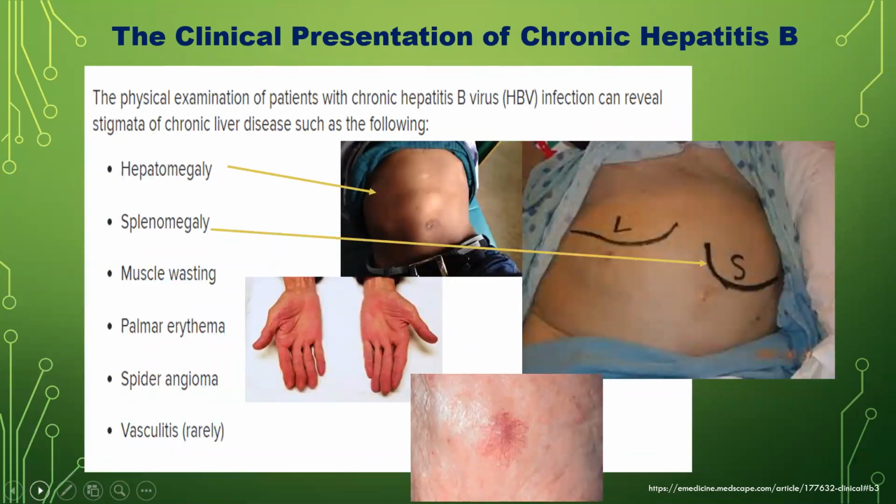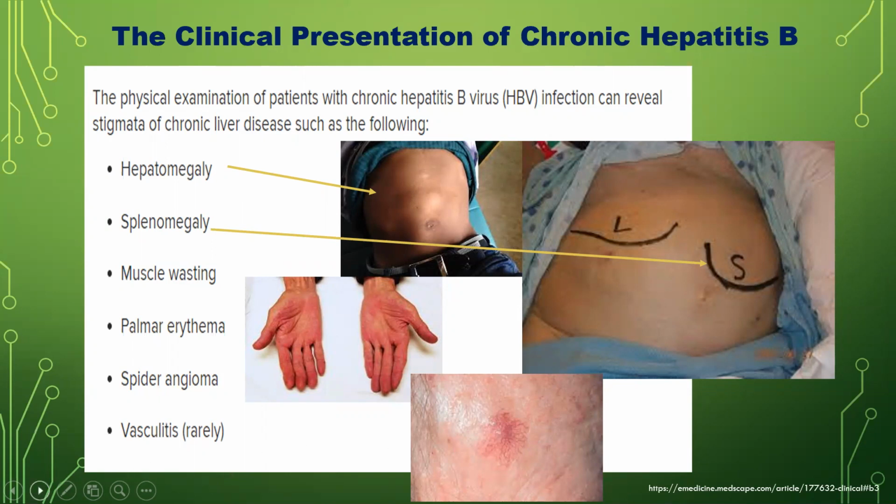The physical examination of patients with chronic stage of hepatitis B infection can reveal stigmata of chronic liver disease, such as the following: hepatomegaly, or liver enlargement; splenomegaly, or spleen enlargement; muscular wasting, meaning loss of muscular mass, especially on the lower and upper extremities; palmar erythema, which is a red color of the palms of patients with liver disorders; spider angiomata, which are dilated small arteries in the form of a spider or a star.